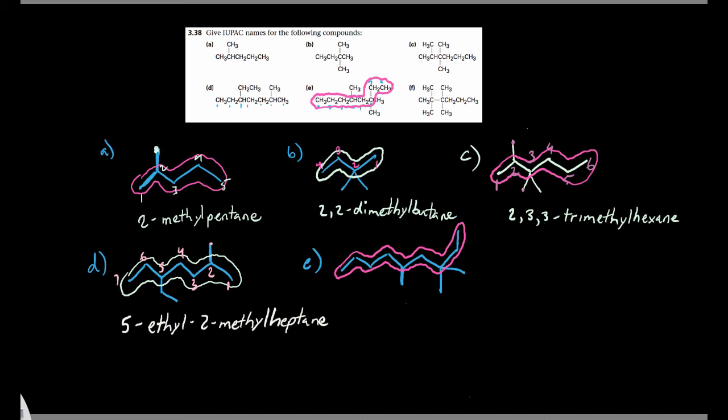That's our carbon chain. And we'll number it. So we'll number it beginning on this end to give these two methyls the lowest number. So 1, 2, 3, 4, 5, 6, 7, 8, 9. And I think I got one too many. 1, 2, 3, 4, 5, 6, 7, 8.